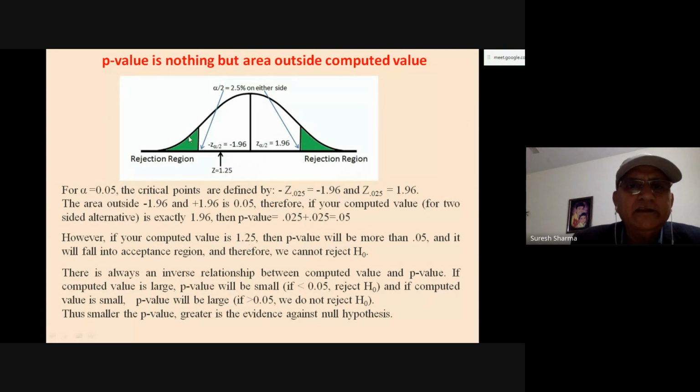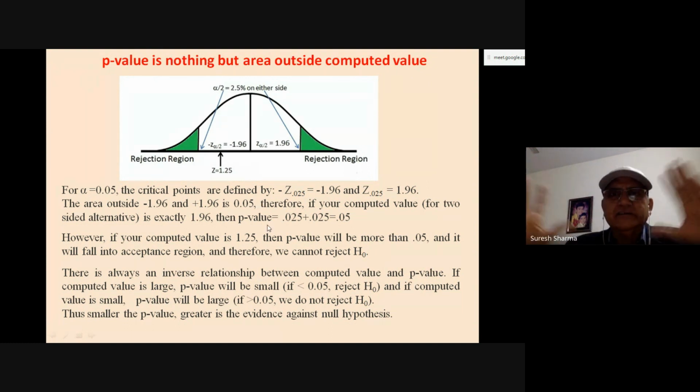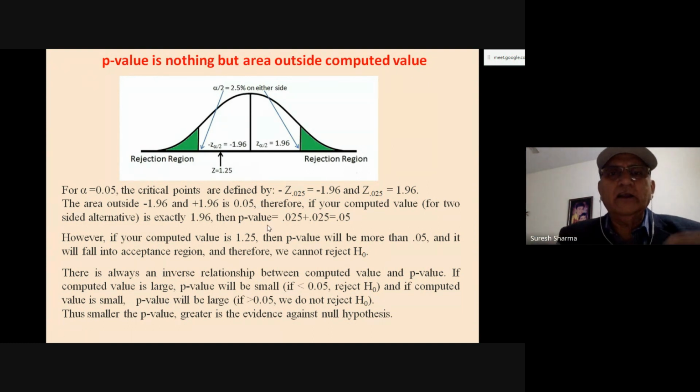So this green region is your rejection region, right? And this is a p-value. P-value is nothing but the area outside your computed value. Whenever there are standard normal tables, suppose I take alpha to be 5%. For alpha taken to be 5%, the critical value will come out to be 1.96.